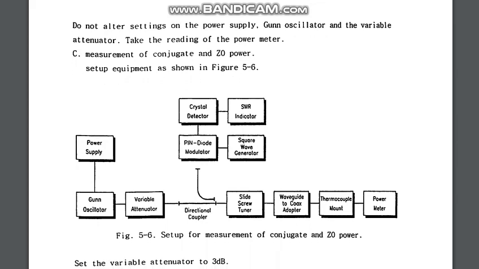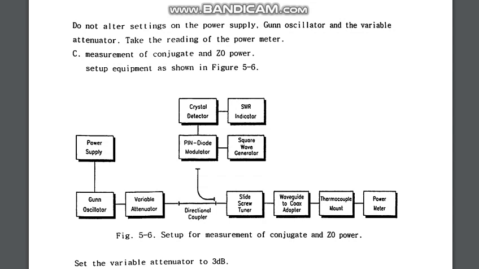Measurement of conjugate and Z naught power. That is a very complicated setup, to find out the conjugate and the Z naught power, that means the characteristic impedance power. So connect the power supply with the gun oscillator and the variable attenuator, and connect the output section of the directional coupler, that means the output part of the collinear axis.